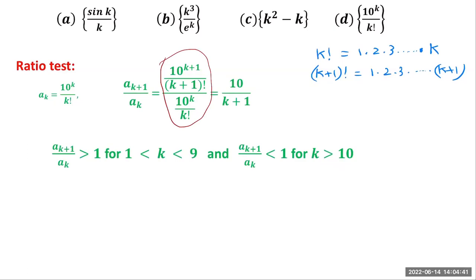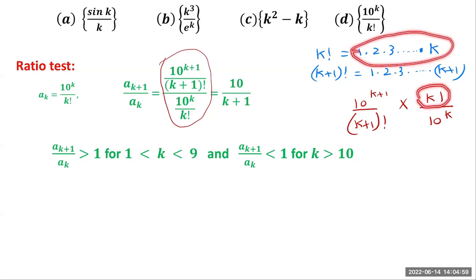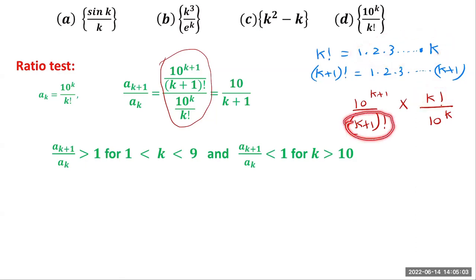That quantity is going to be equal to 10 to the power k plus 1 divided by k plus 1 factorial, multiplied by k factorial divided by 10 to the power k. Now, k factorial is 1 times 2 times all the way up to k. And k plus 1 factorial is 1 times 2 times 3 times all the way up to k plus 1.